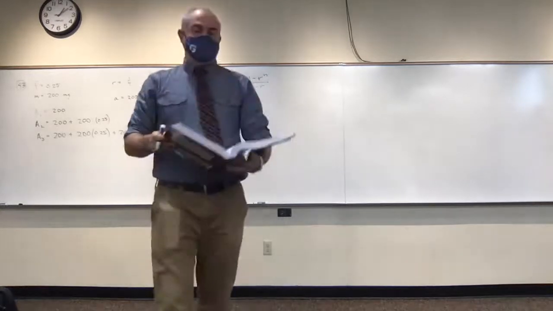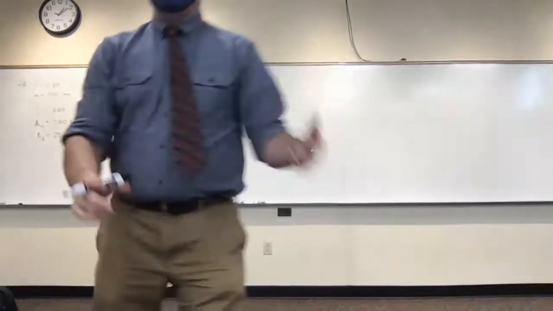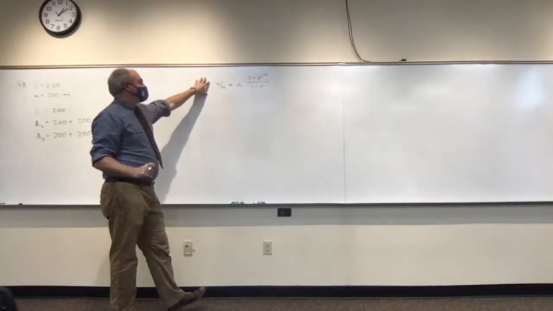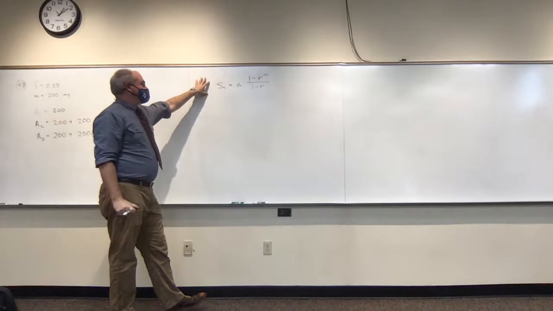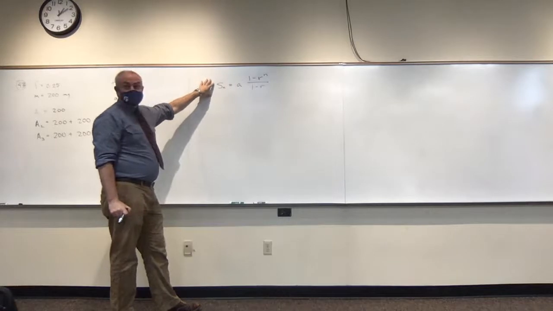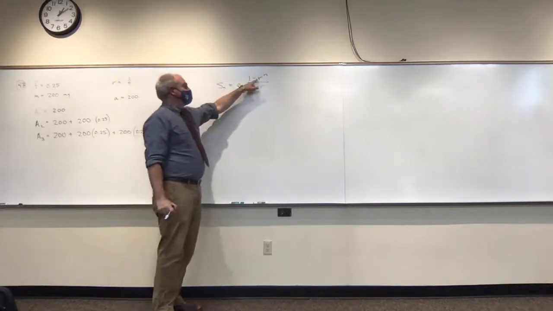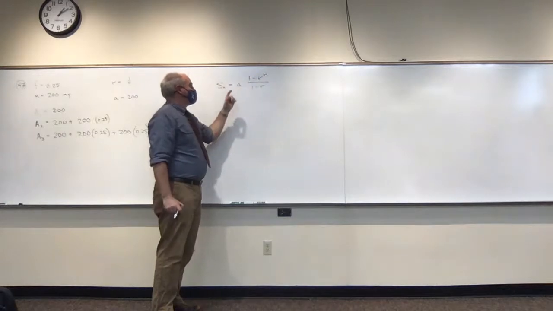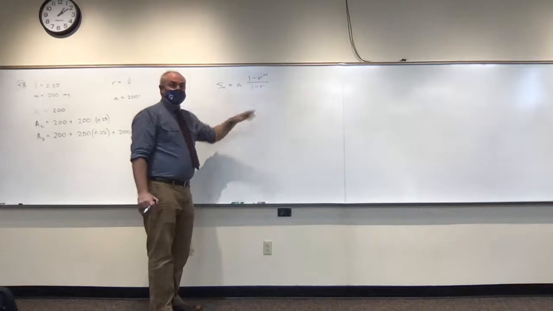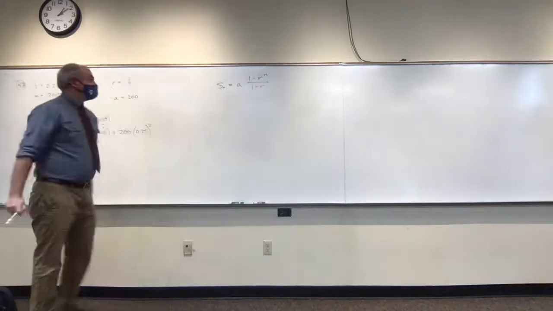If you watched the lecture already, I get to this point when I'm proving the convergence or divergence of a geometric series. Then I take the limit as n goes to infinity. If r is between -1 and 1, this goes to 0, and you're just left with A over 1 minus r. So if you watch the lecture, that's where that comes from.